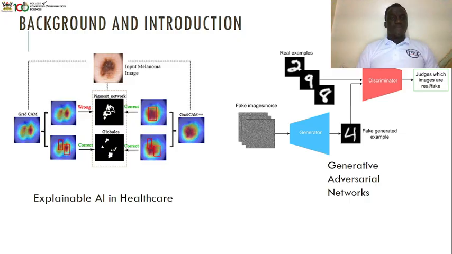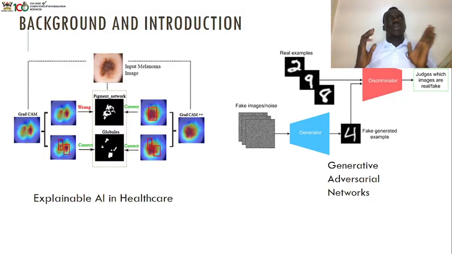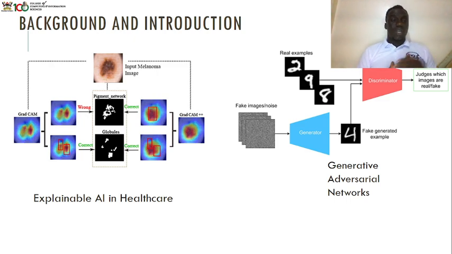Another thing that we can talk of is explainable AI. Here, the skin condition that has been analyzed will be easily interpretable to the end user by use of heat maps, as we can see, and then Grad-CAM generations, and then the GAN. With the GAN, we pick the fake image and the real image, compare them, and it judges which images are fake.